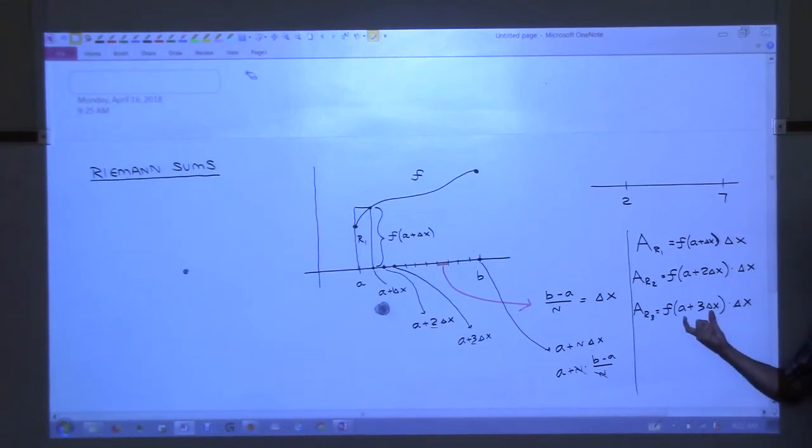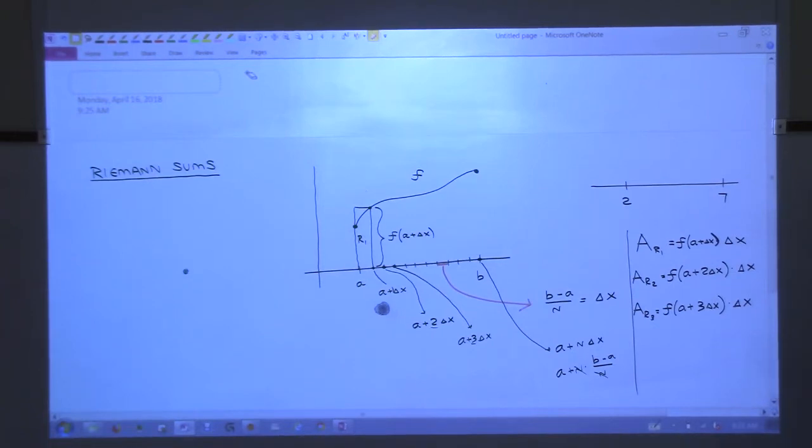Now remember, a plus 3 delta x, a plus 2 delta x, a plus delta x, those are numbers, and they're being plugged into a function. We don't know what the function is, but we're evaluating the function at this point. That gives us the height of the rectangle, and the width is the same for all the rectangles, okay?